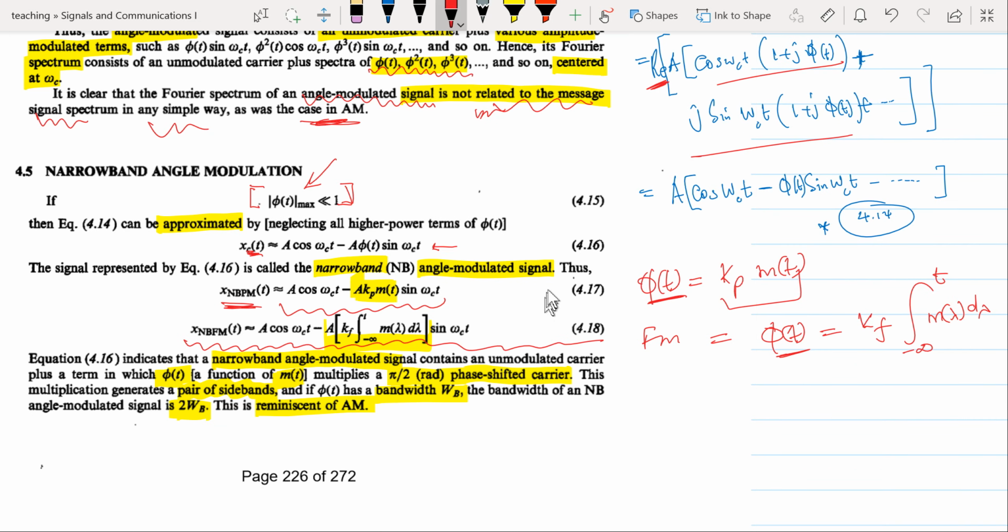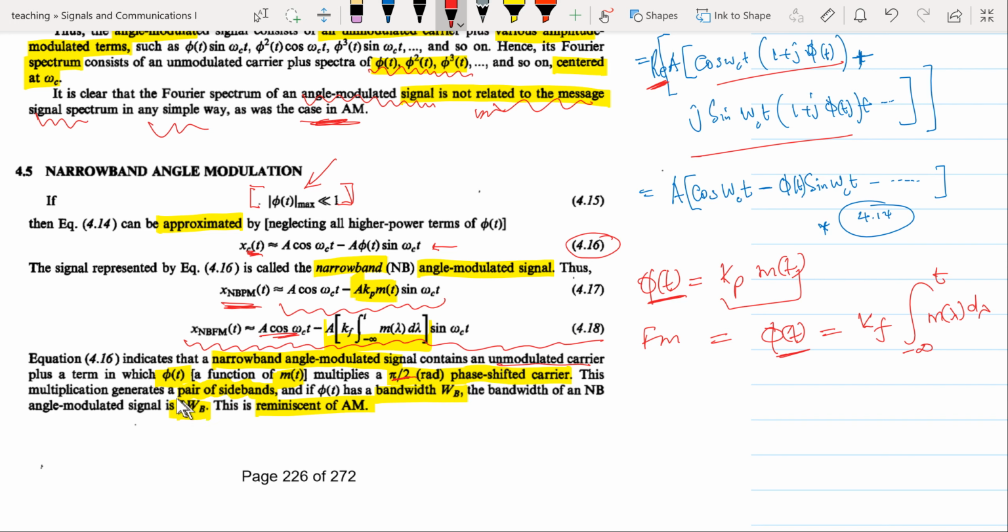Further, equation 4.16 has additional items that we are able to capture. First thing is that we observe that the narrowband angle modulated signal contains two terms. One term is an unmodulated carrier, which is represented by A cos omega c t, then plus an additional term in which phi of t, which we have already said is a function of m of t, multiplies a phase shifted carrier, which is shifted by 90 degrees or pi over 2.